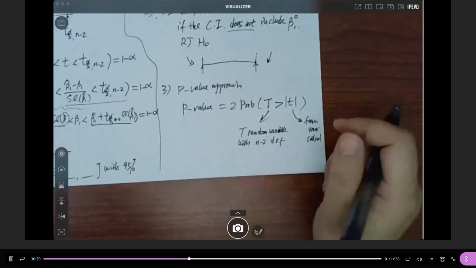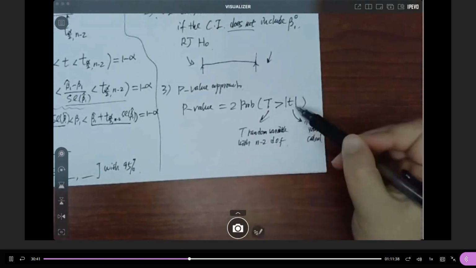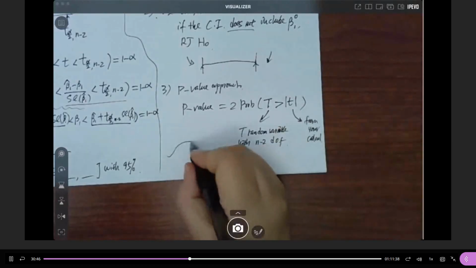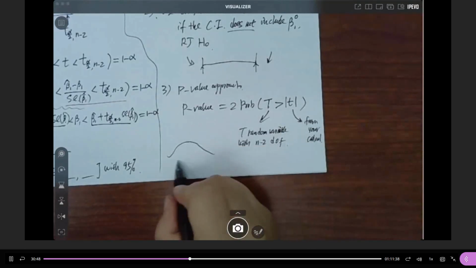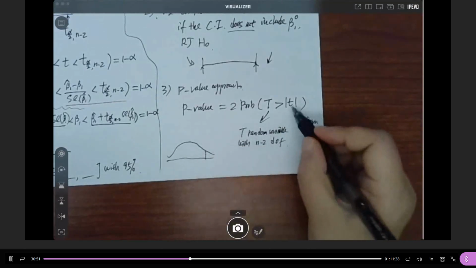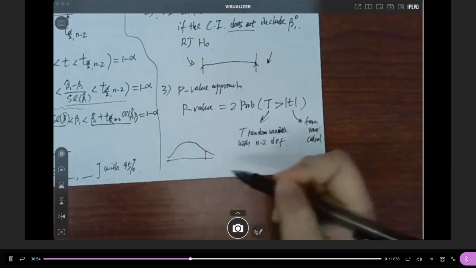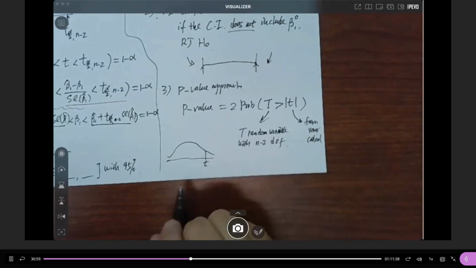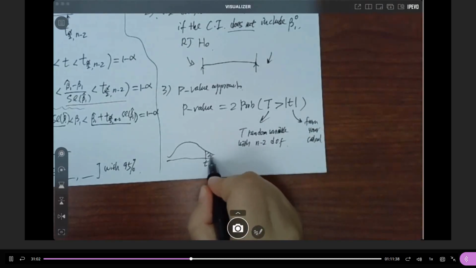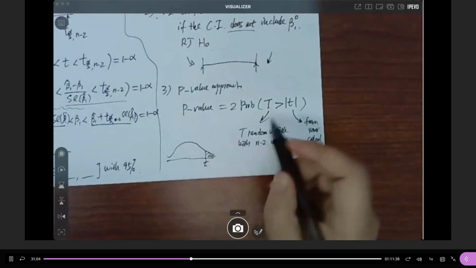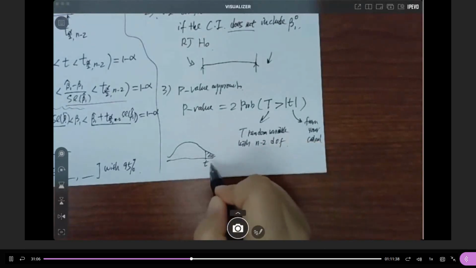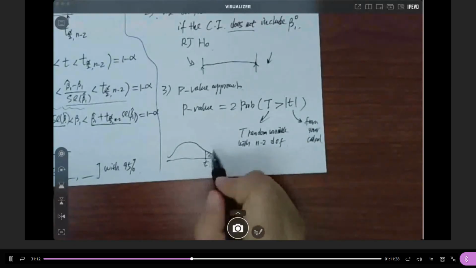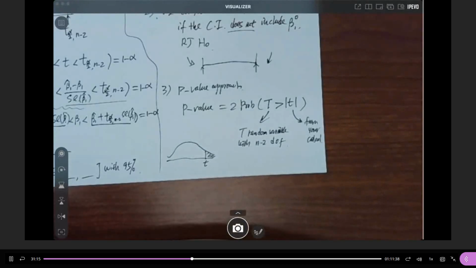So basically, you're looking at what is the chance you can observe this t value. You know the t distribution has n minus 2 degrees of freedom, and you have a t value calculated by you. Sometimes it's positive, sometimes it's negative. In this case, we compare absolute value. So this is my t calculated from data. What is the chance for me to observe a t outside of this? So 2 times the tail.